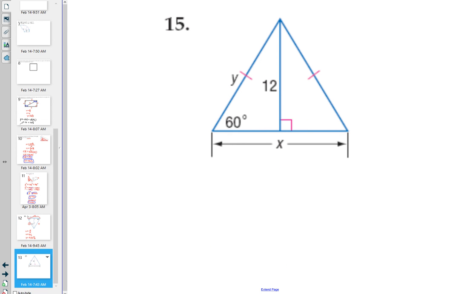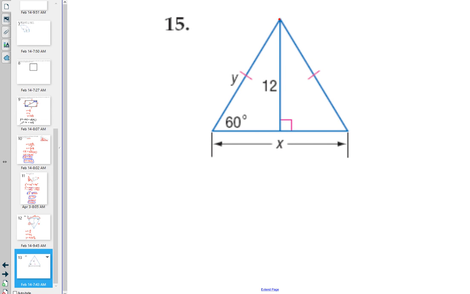Same exact type of diagram. Yeah, but let's just use what we know about special right triangles, right? And then once we find it, y is going to be the same as x because it's equilateral.